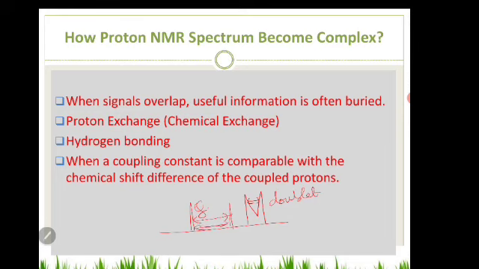Is that due to the J coupling splitting, or is it due to chemical shift? In some cases, the difference in chemical shift could be exactly equal to the J coupling value. So there is a complexity. Both are merging, so the information will be varied. And the solvent effect: solvent effects may have some influence on the NMR spectra that will dislocate it. That also may invite a complex situation.